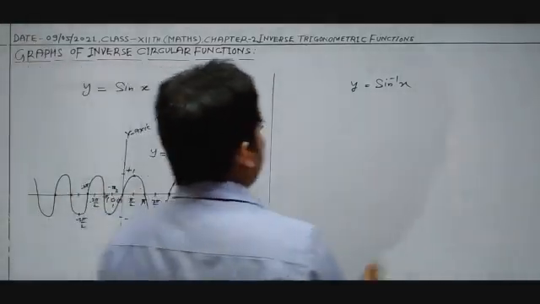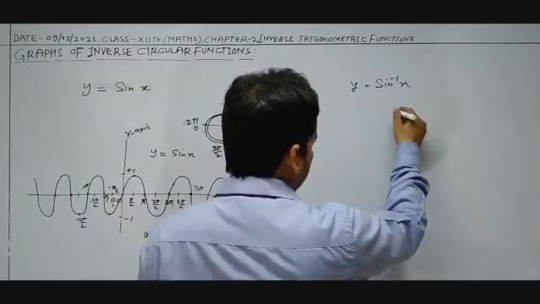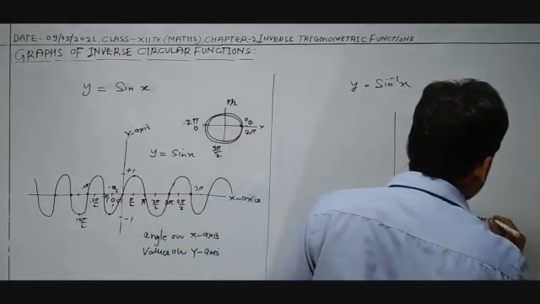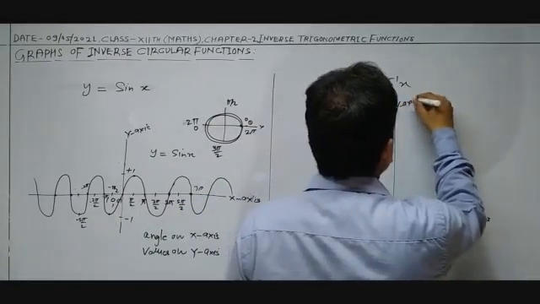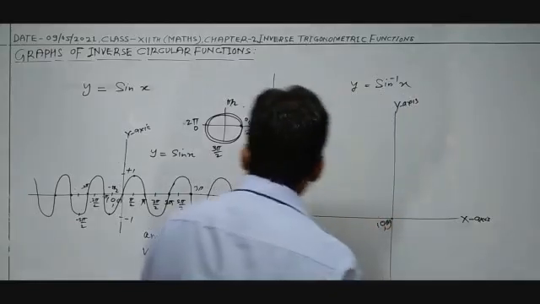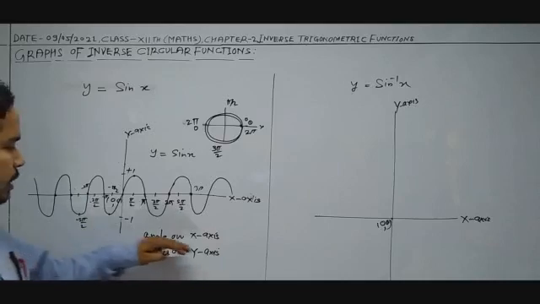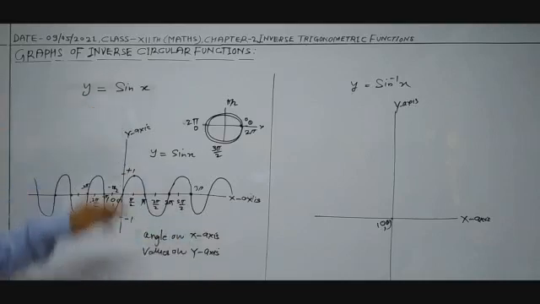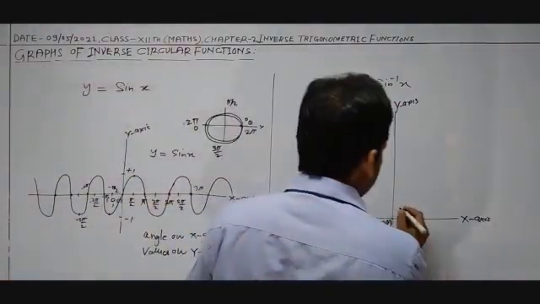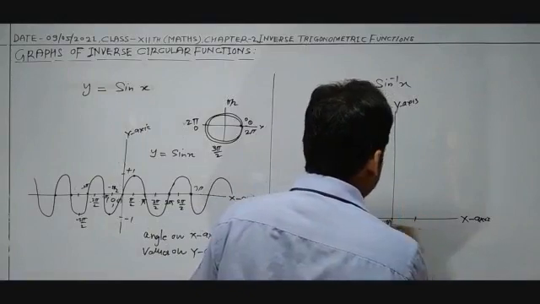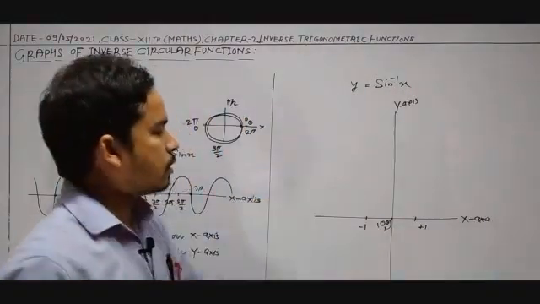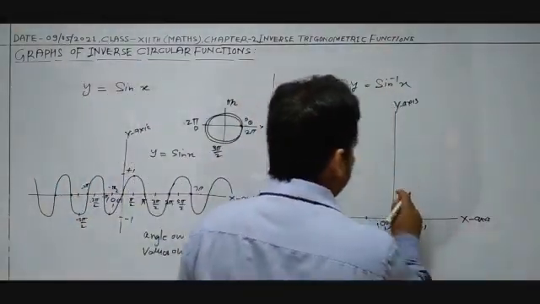Now see, the graph of y is equal to sin inverse x. So draw the y axis and x axis. This is the intersection of the x and y axes. For y is equal to sin x, the angle was on the x axis, so for y is equal to sin inverse x the angle will be on the y axis. The values will be plus 1 and minus 1 on the x axis, and the angle will be on the y axis.